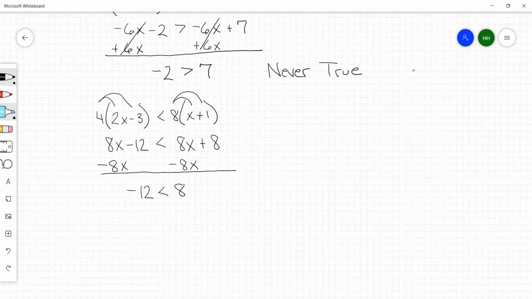Now, negative 12 is always less than 8, so this inequality is always true. And what that means is it doesn't matter what value you put in for x, the inequality will be true.